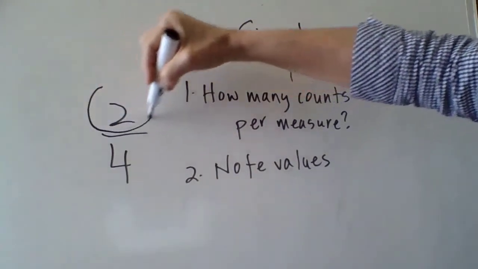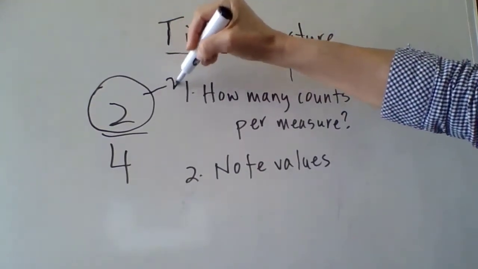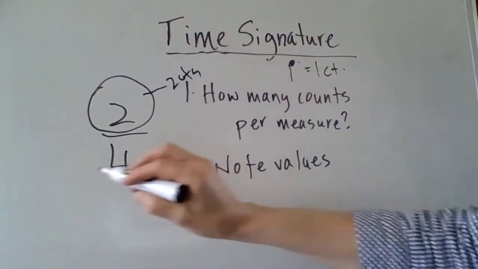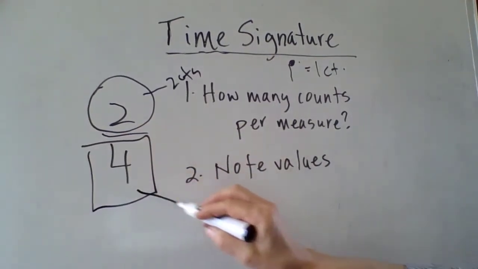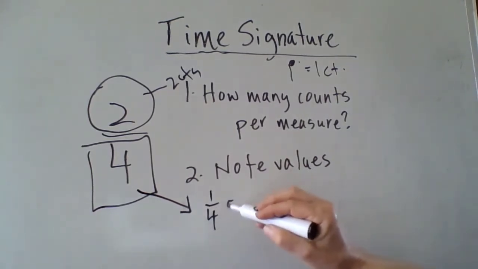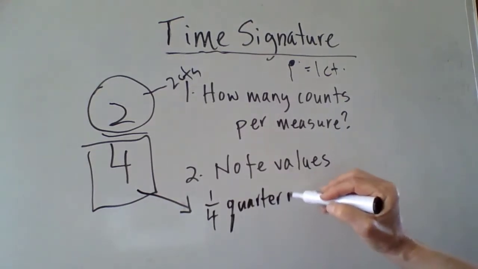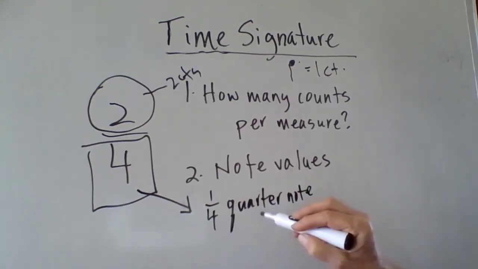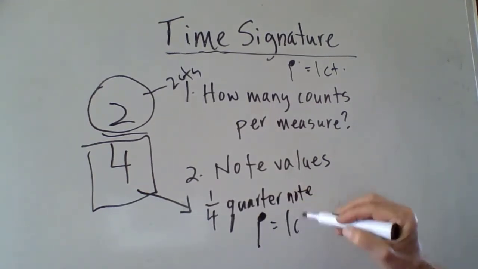How many counts in 2/4 per measure? 2 counts per measure. And what note ends up getting 1 count? The quarter note. Or this kind of note equals 1 count.